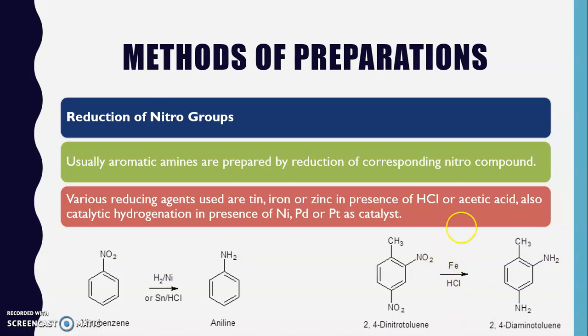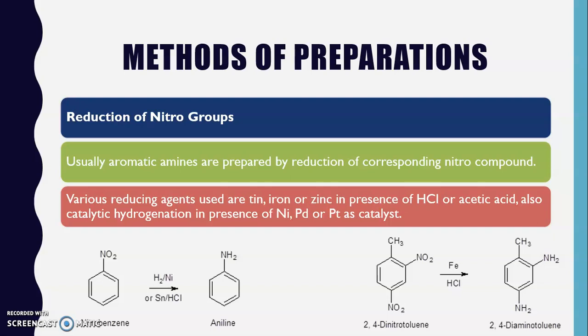In this way, by using this particular method, we can carry out the reduction of the nitro group to the amino functional group without disturbing the other part of the structure, due to which this method is considered a most useful method.